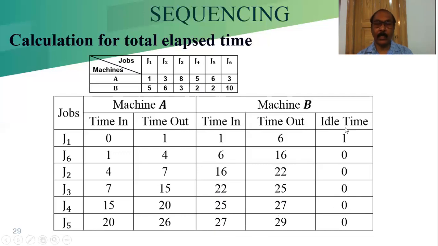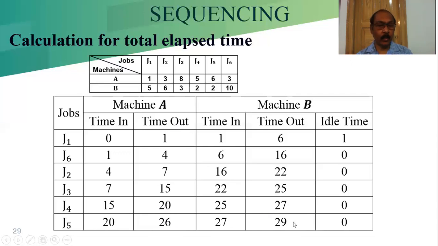The only idle time we got for machine B is for the first job. Here the start time is 20 and 20, and the in-time for job 5 on machine B is 27, and it completes in machine B at 29.